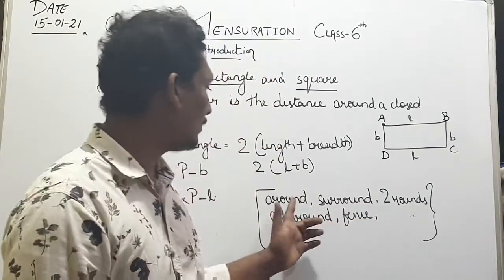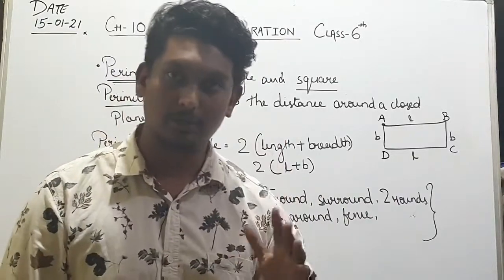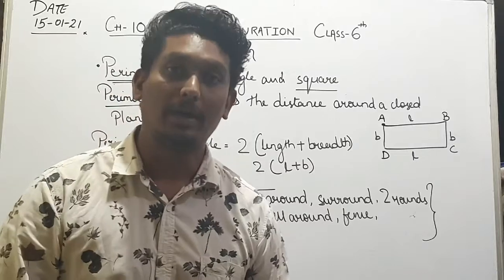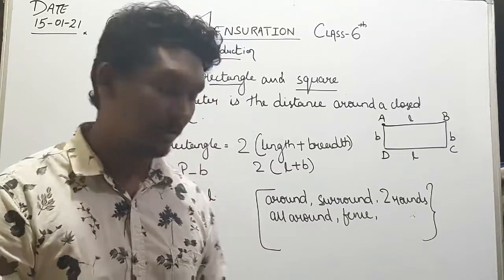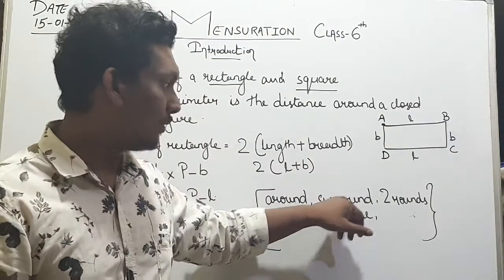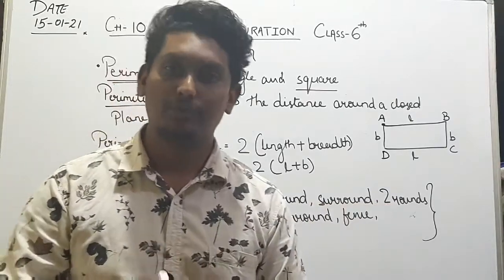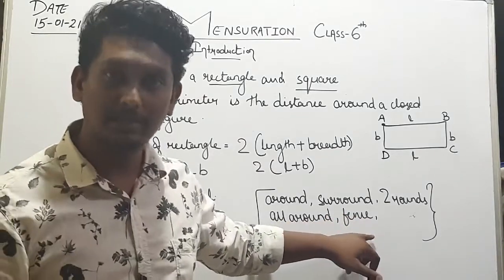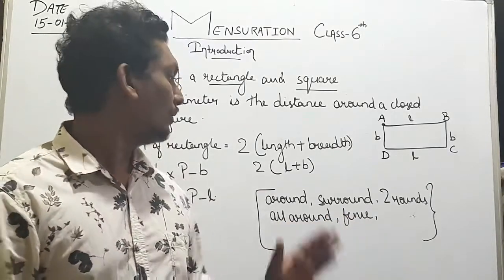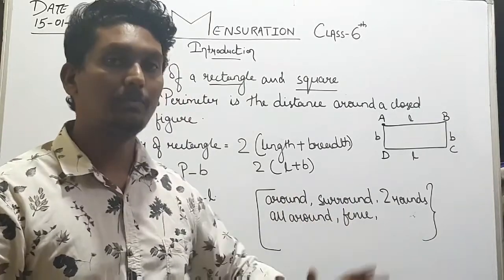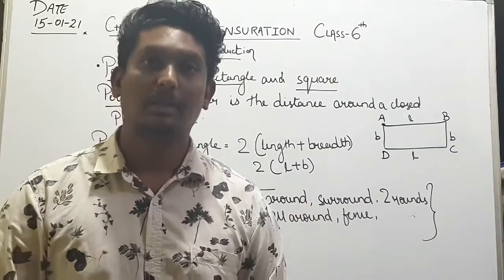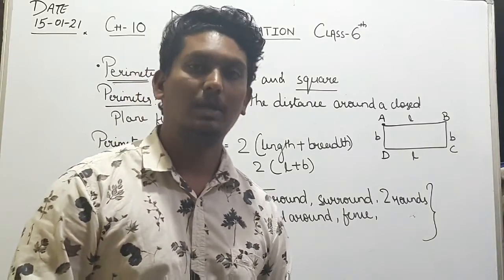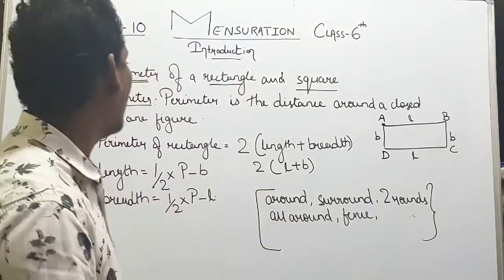This type of words will be given in the question. If you face such words in the question, there we have to find the perimeter, such as around, surround, fencing, fenced. So this is all about perimeter.